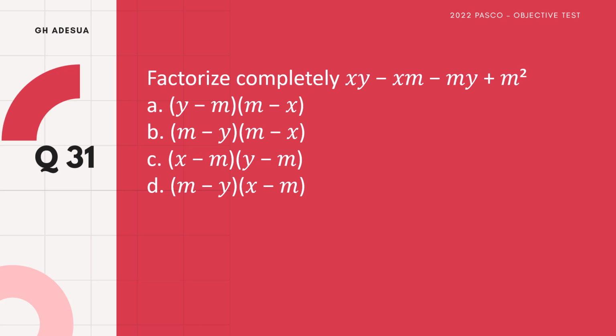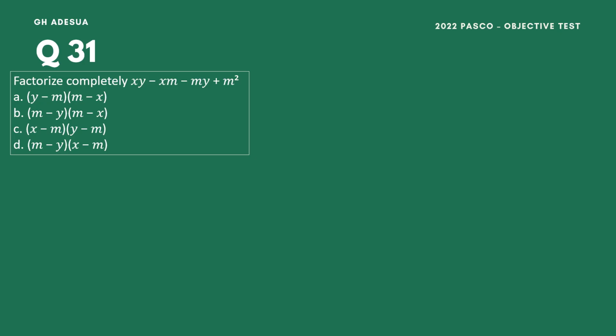Factorize completely xy minus xm minus my plus m squared. Now this is in 4 parts. We are doing factorization.